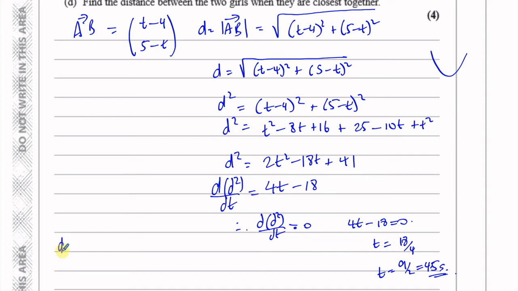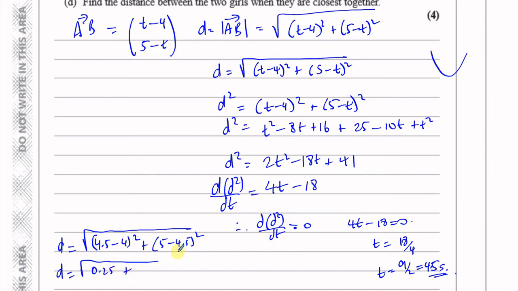So d is equal to the square root of (4.5 − 4)² + (5 − 4.5)². Let's put it back into here. So the distance is going to be a half squared, 0.5², so 0.25, plus again a half squared, 0.25.